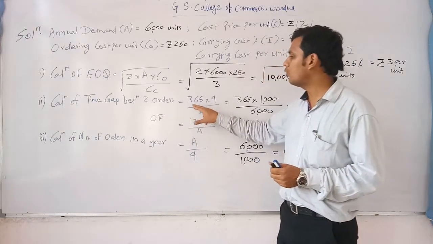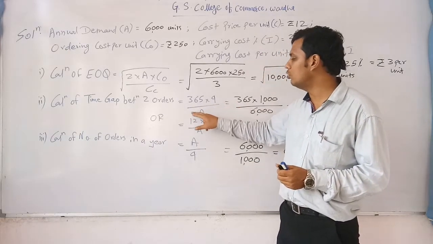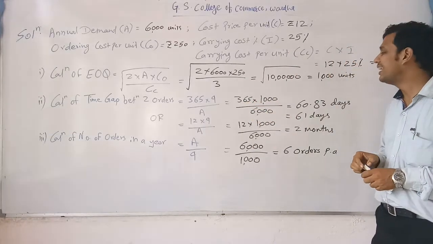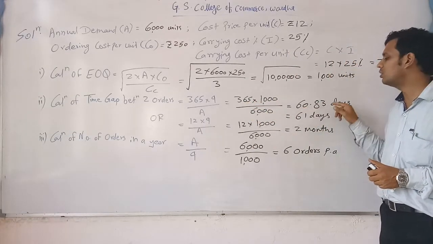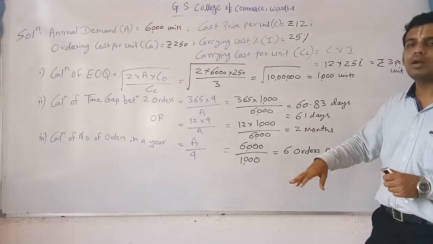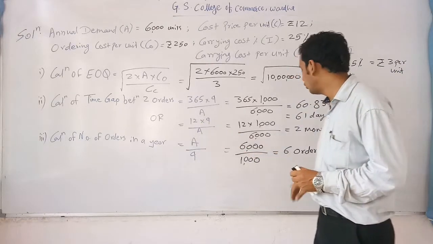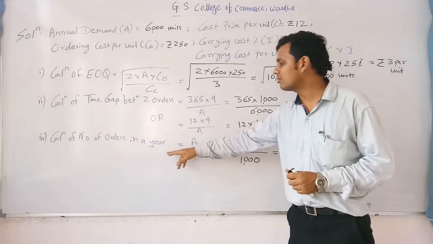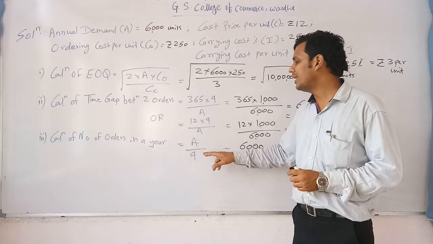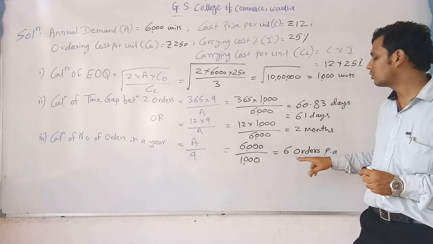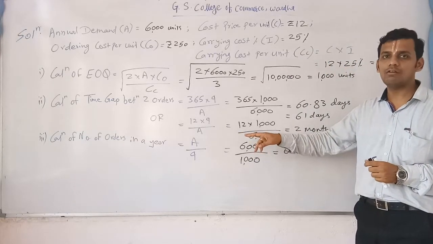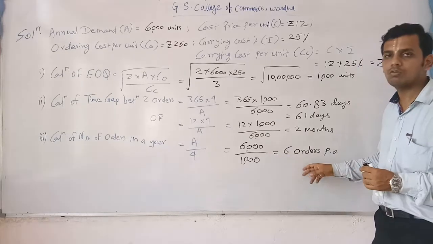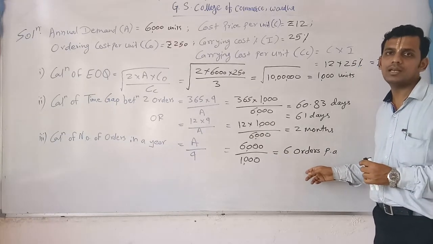The formula was 365 into EOQ divided by A, that is 365 multiplied by 1000 divided by 6000, that is 60.83 days. If we calculate the same thing in months, it would be 2 months, that is the time gap between two orders. And lastly, the number of orders in a year is given by the formula annual demand divided by EOQ, that is 6000 divided by 1000 equals 6 orders in a year.